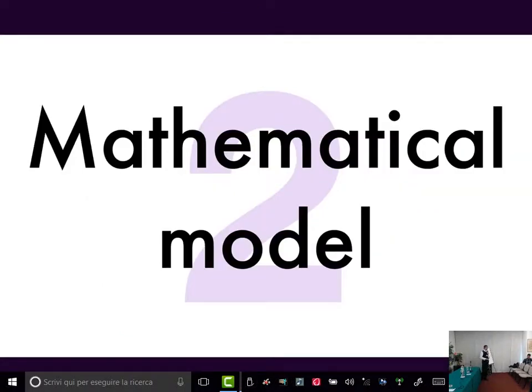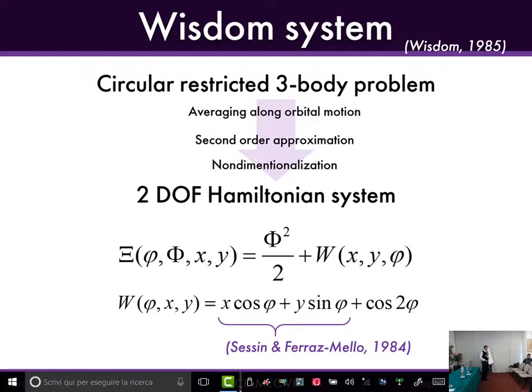So the model that we used followed the general approach introduced by Jack Wisdom in the series of his works starting from 1985. And I won't go much into detail here, but the original three-body problem is averaged along the orbital motion, then the disturbing function is expanded into a series in eccentricities and inclinations.